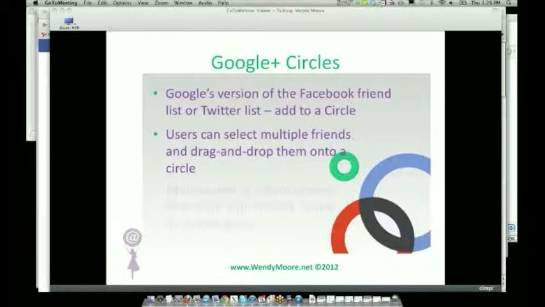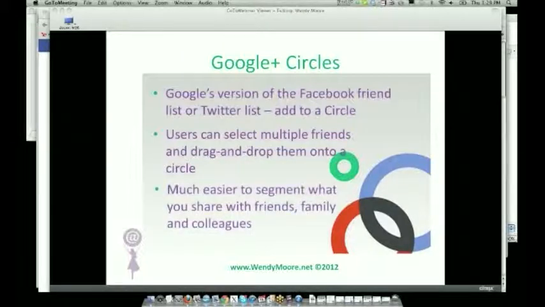And what's really powerful about it is it's much easier to segment what you share with your family, friends, colleagues, or the various circles. So, for example, if you run a program where you have people that might be part of a membership site, or they've all attended an event that you ran, you can create a circle and add everybody that's part of that program or that came to that event to that particular circle.